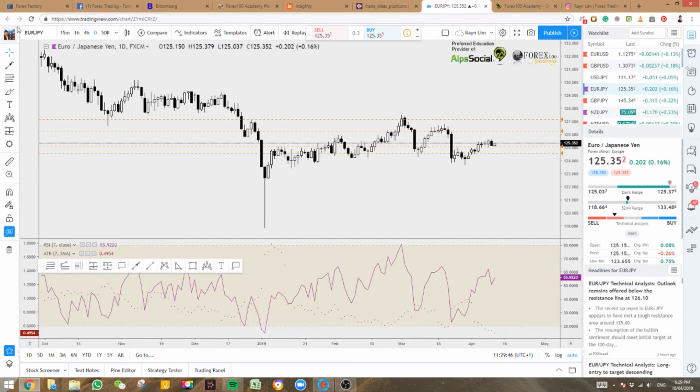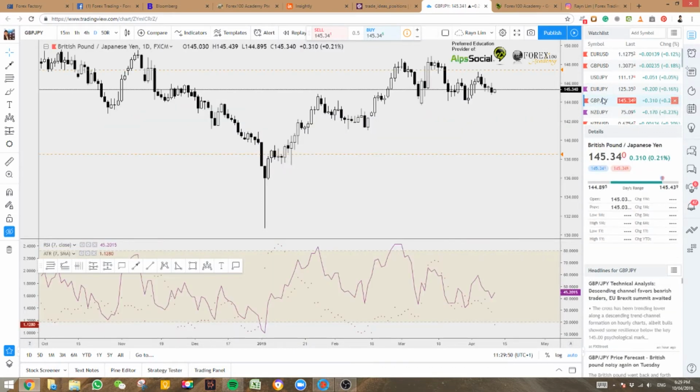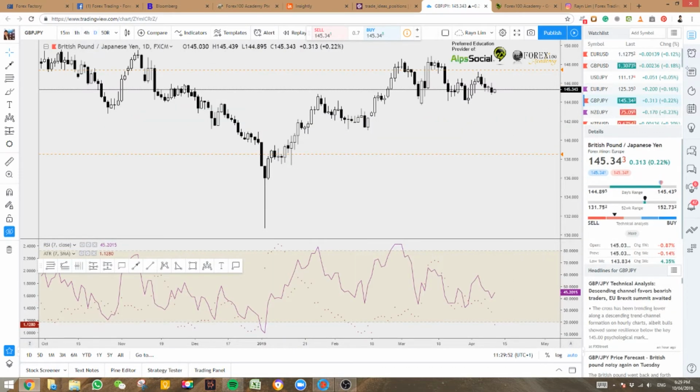Great. Let us head to Pound Yen. Pound Yen on the daily chart, we are looking at an uptrend movement over here. It goes into consolidation again.